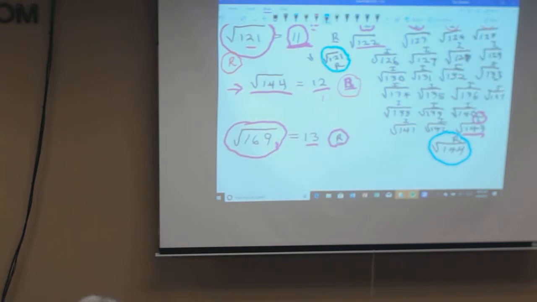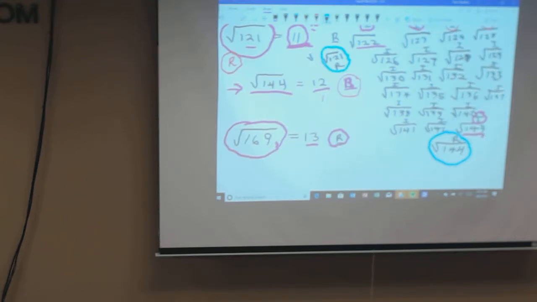And there are not repeating digits. So all of these radicals between radical 121 and radical 144 are irrational numbers. Does that make any sense?